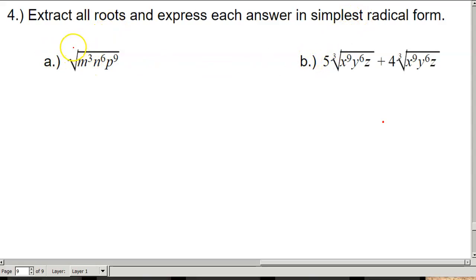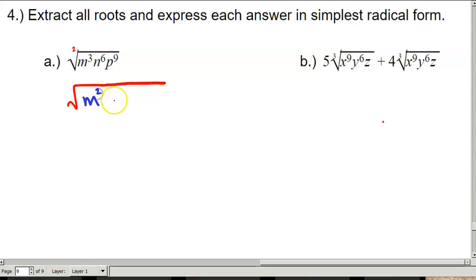So for a, this is a square root, and we did this in previous videos. We did this in a couple different ways. Since it's a square root, I'm going to take all the factors inside here and think about how many perfect squares there are inside that.